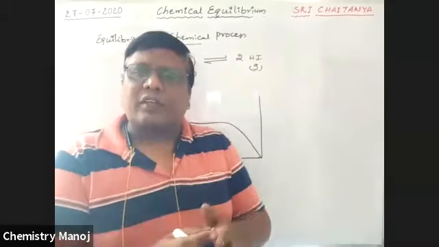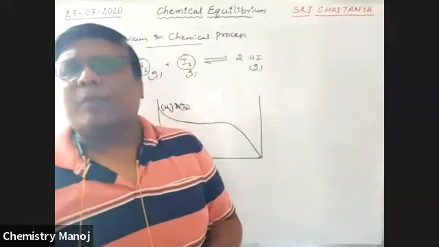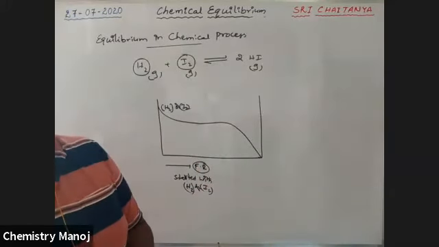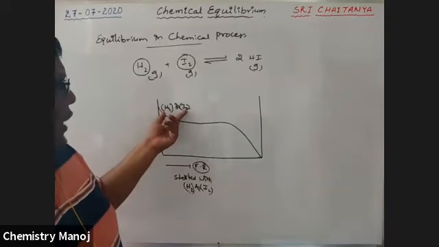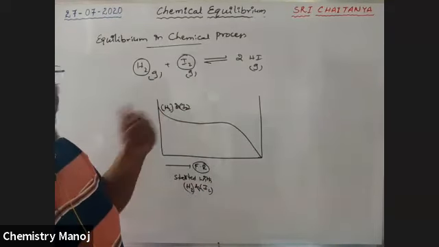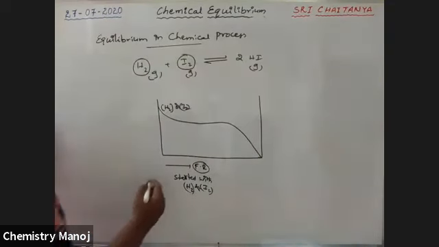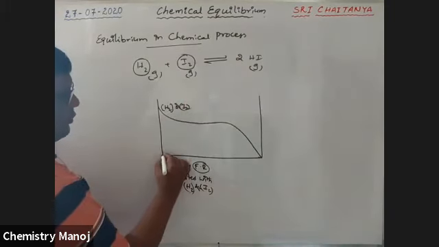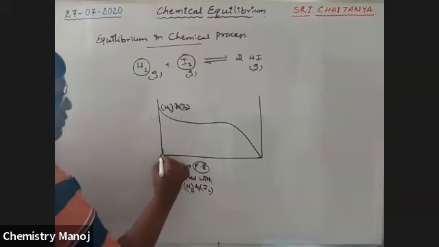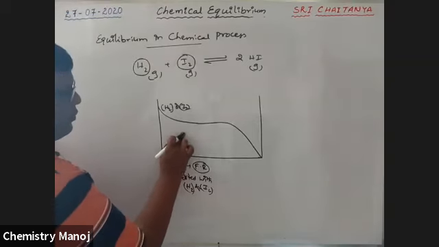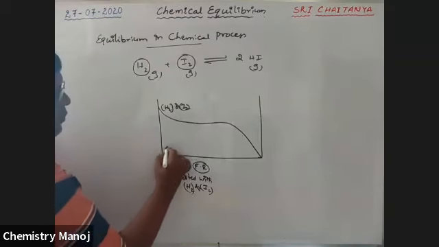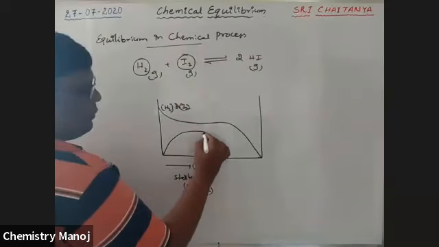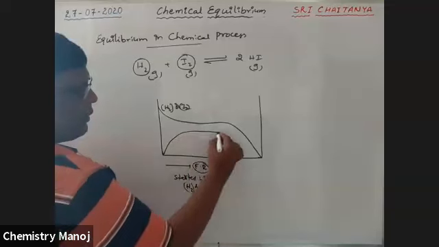If you start with either, it finally gives equilibrium establishment. So either side of the reaction is useful for establishing equilibrium. Now what about HI? At the beginning it is 0, and it increases and then becomes constant. That is equilibrium.